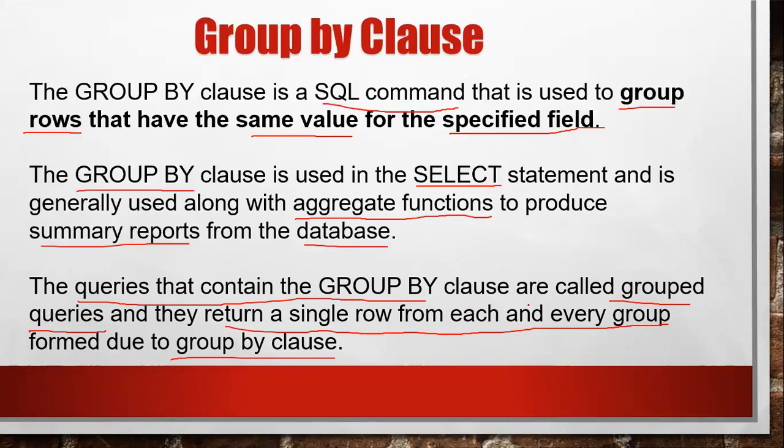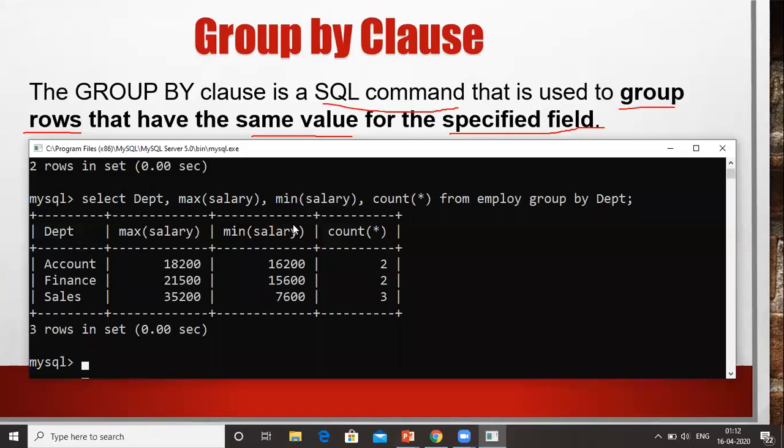Obviously, when we group by department, the groups are created on the basis of department, but from each department they have summarized the data and given us a single row as a result. From the accounts department they find the maximum salary, minimum salary and number of employees and give a single row as the result for the accounts department group.